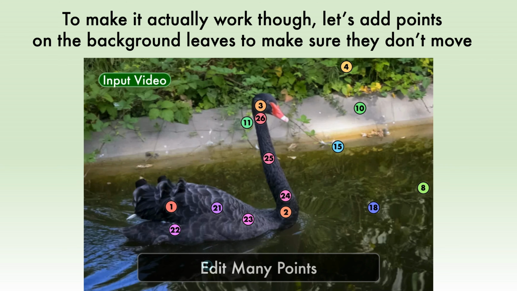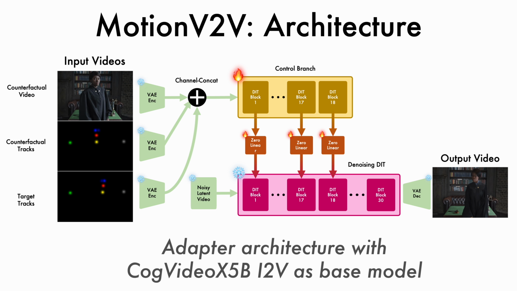Our architecture is relatively simple. We use CogVideoX I2V as our base model and create an adapter. We have a control branch which is duplicated from the original model up until block 18, and we zero initialize MLPs to connect the DiT blocks of our control branch to the denoising DiT.